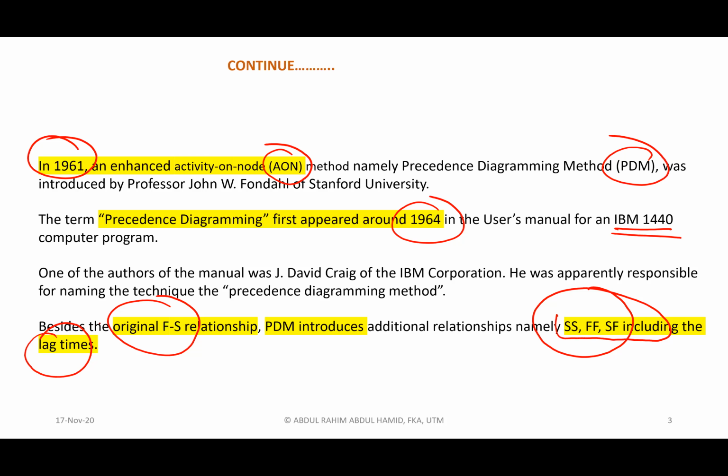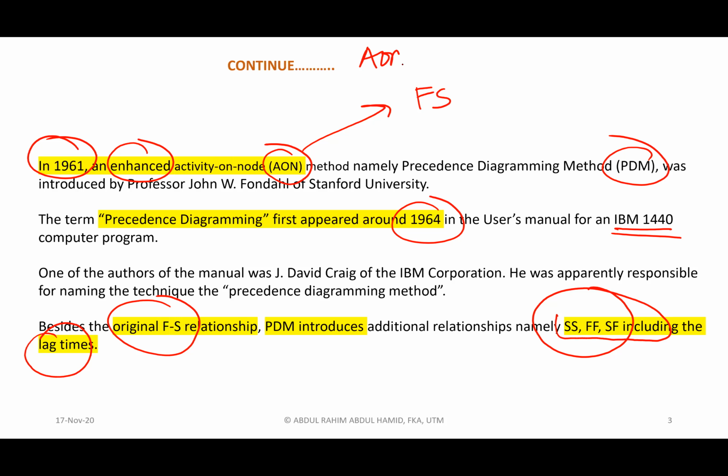That's why in this slide PDM diagram is mentioned as an enhanced version of AON diagram, because previously AON diagram was developed based on finish to start relationship.